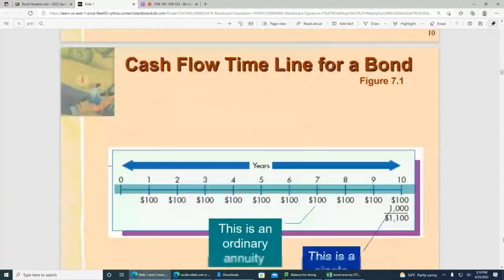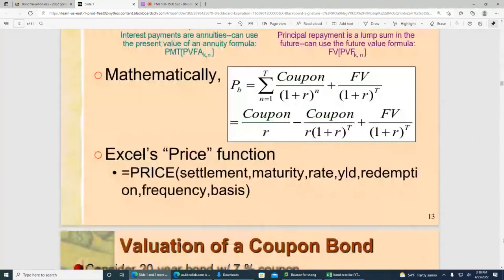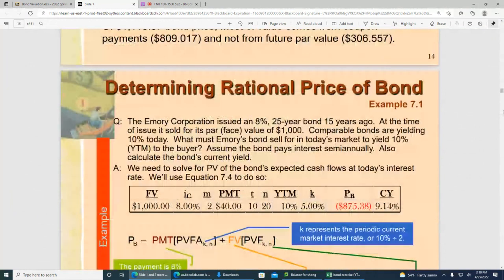So we already know basically the bond valuation formula, right?